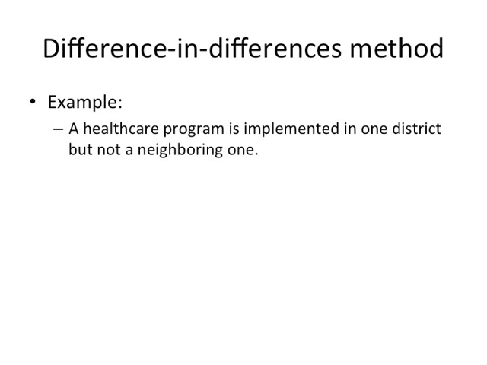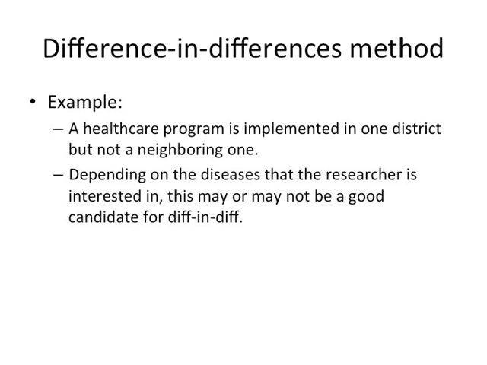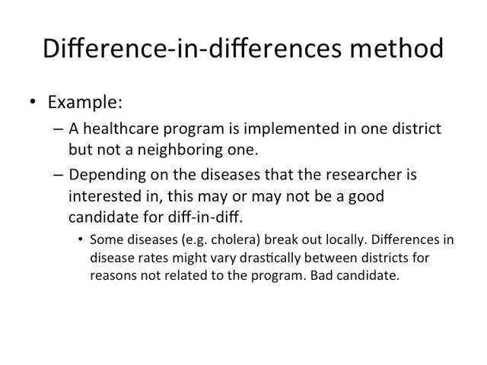One last example. Consider a healthcare program that is implemented in one district but not in a neighboring one. Depending on the disease that we're interested in studying, this may or may not be a good candidate for diff and diff. Some diseases, like cholera for example, break out locally.